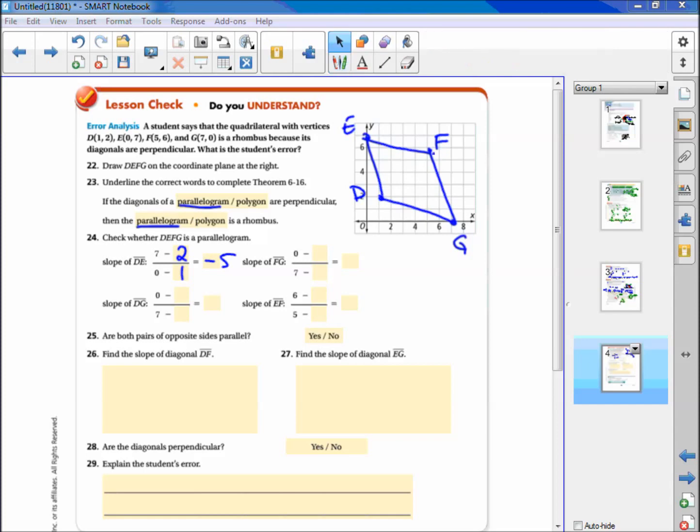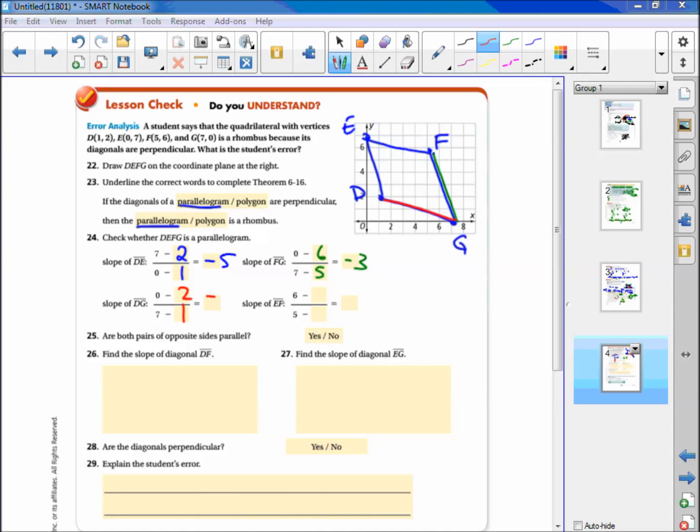FG is this one right here. And FG slope is 0 minus 6 over 7 minus 5, which gives us -3. And then we need to find DG slope. DG's in red here. So 0 minus 2 over 7 minus 1.